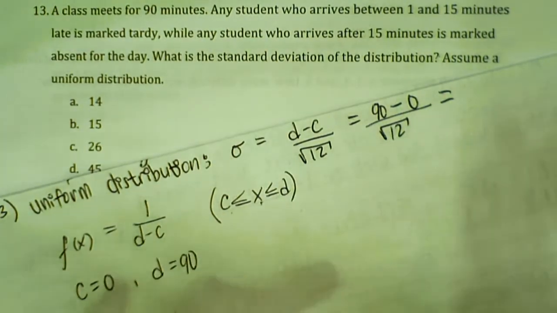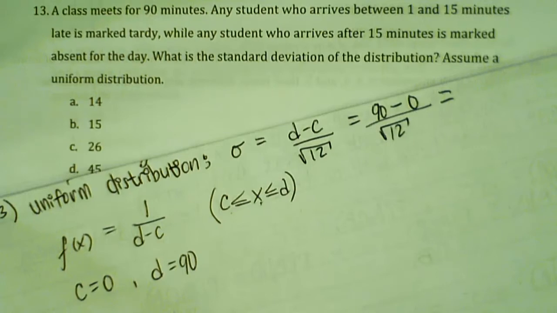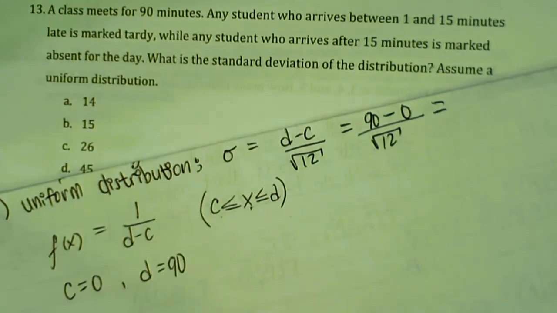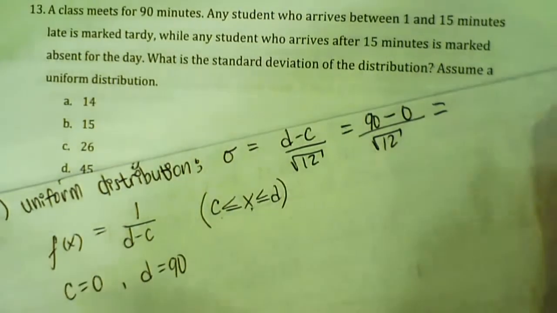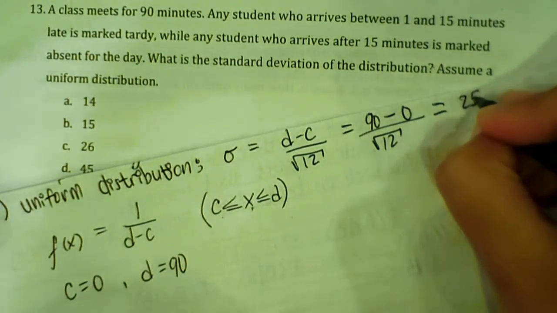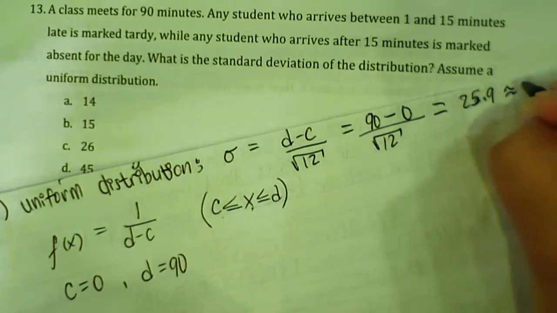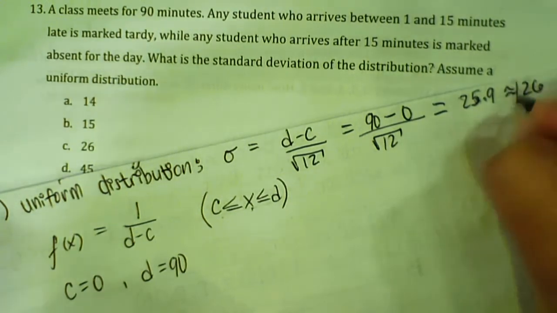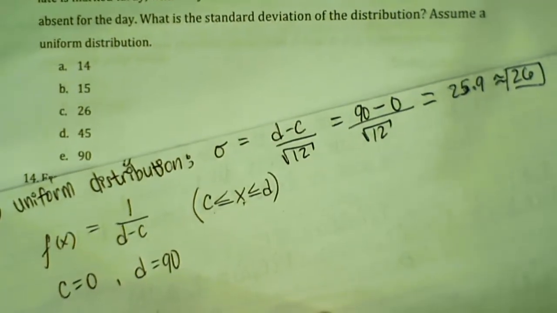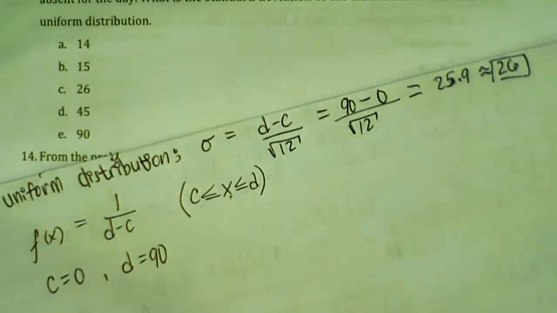And that should be 25.9, which is roughly 26, and that should be the answer. Is that what everyone gets?